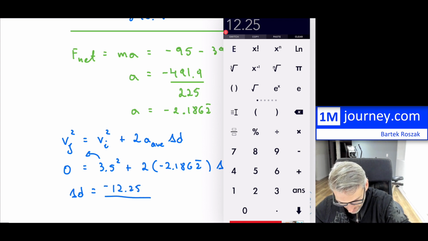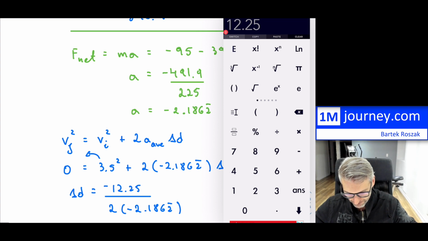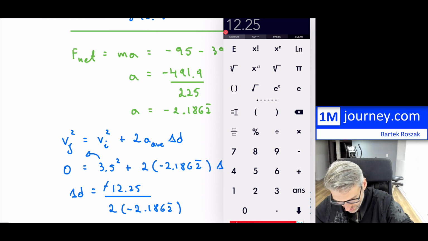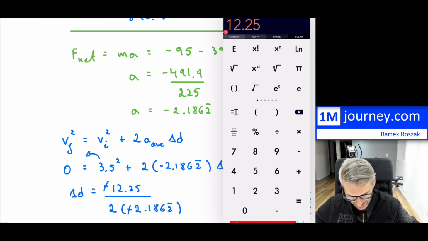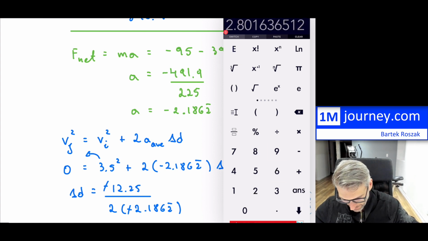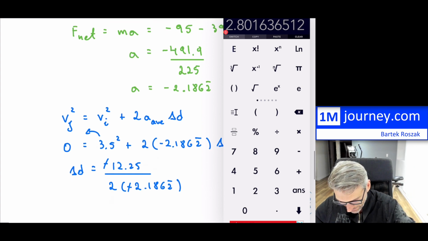So that's the negative divided by all of this junk, 2 times 2.186, and that's your delta d. The negatives cancel, that's gone. So my answer divided by 2 times 2.186, whatever 2's in there. And this is what we would have right there.